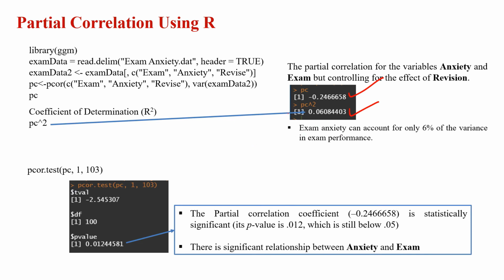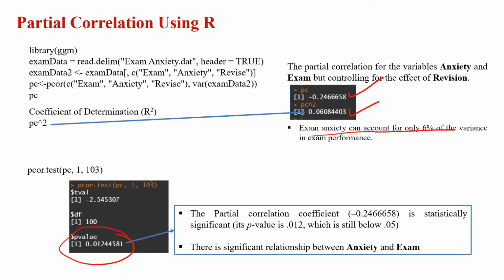That is how you can interpret it. Similarly, for the test statistic, because the p-value is less than 5%, we can say that the relationship between the exam anxiety and the exam performance is a significant relationship, right?